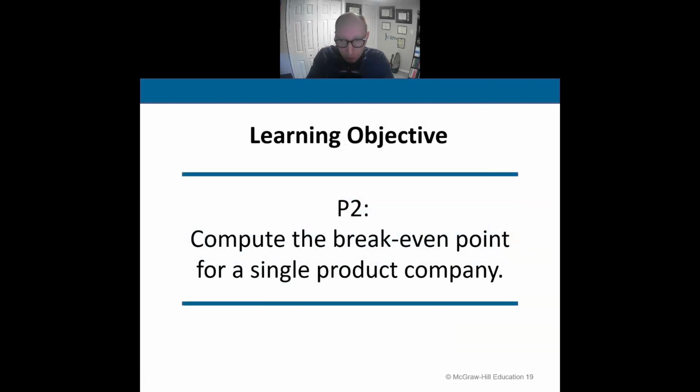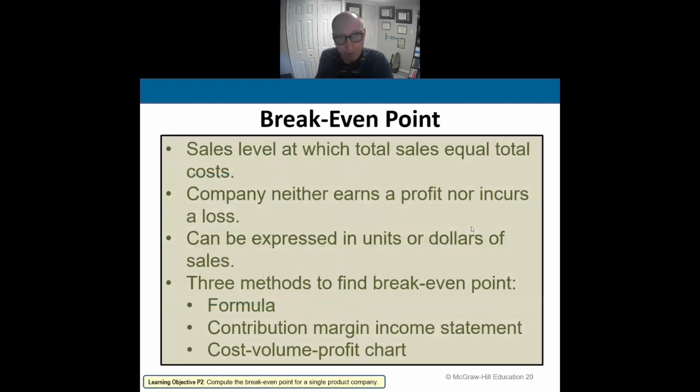Now that we know how to find the contribution margin per unit and the ratio, let's look at how many units I need to sell to break even. Break even is so important.